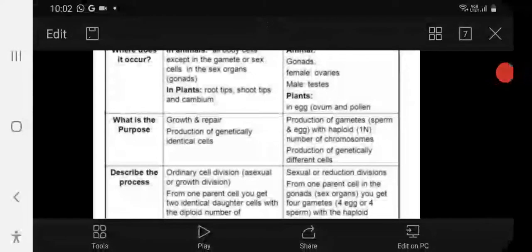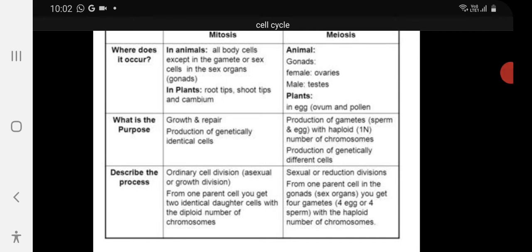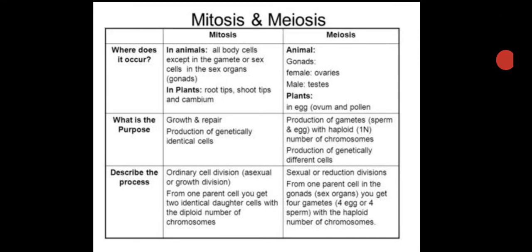But whereas in meiosis, the mother cell can give rise to four haploid cells. Here the chromosome number is halved, and the haploid cells are not equal. They are not the same in terms of genetic composition. They are quite different. So these are some of the main differences, and let us see some more differences.